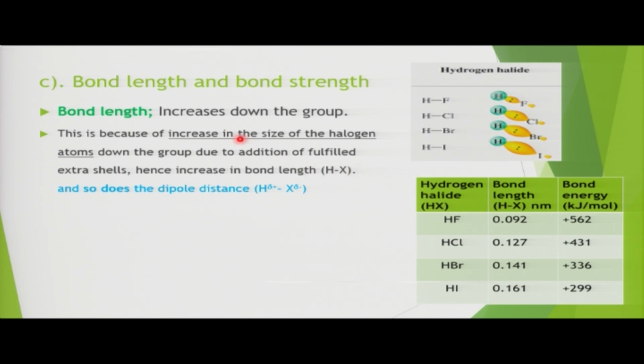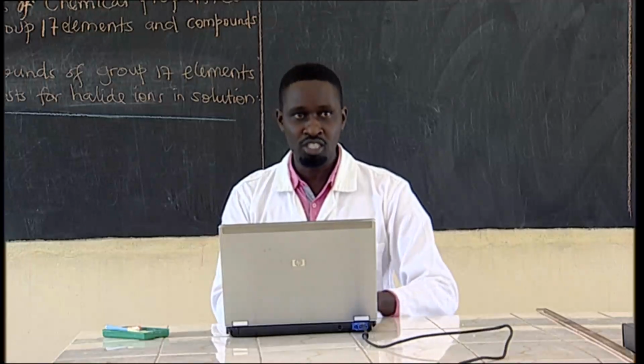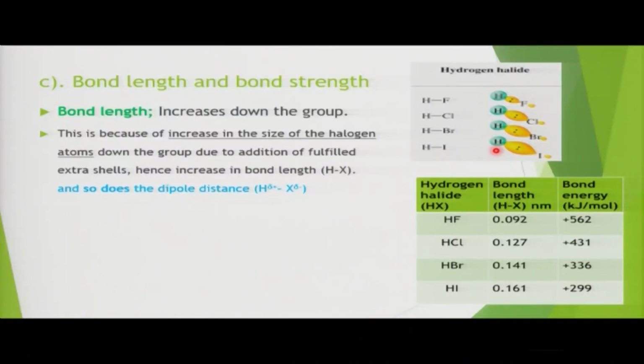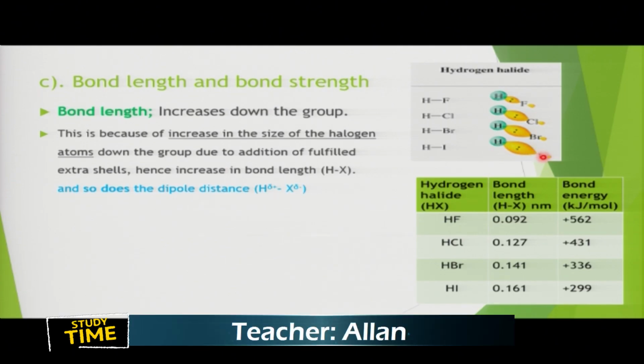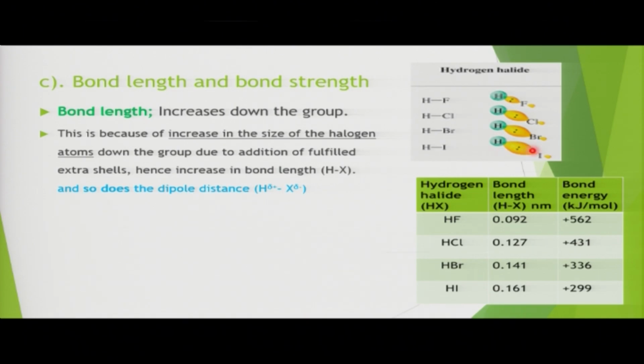Why? Because as you move from fluorine to iodine, you're increasing the size of the halogen atom. As the size increases, then the bond length also increases because this hydrogen will have to bond with the outermost electrons in here. So from the nucleus to the outermost electrons, you have a bigger gap.